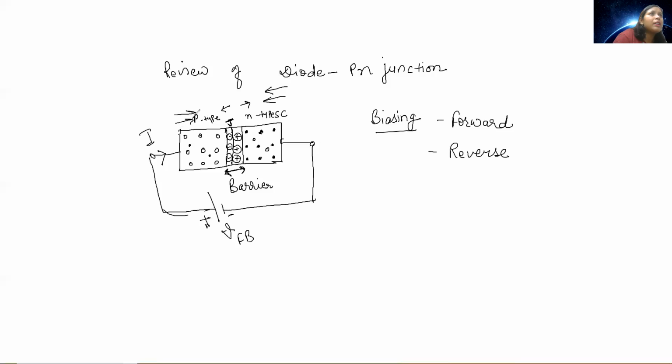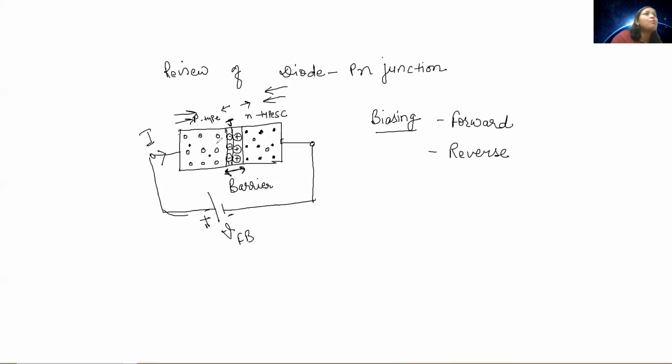The magnitude of this force is much more than the magnitude of the force applied by the ions in this layer. Earlier, the positive ions were repelling the holes and negative ions were repelling the electrons of n-type. Now, the positive terminal of the battery is pushing holes and the negative terminal of the battery is pushing electrons of n-type semiconductor towards the junction.